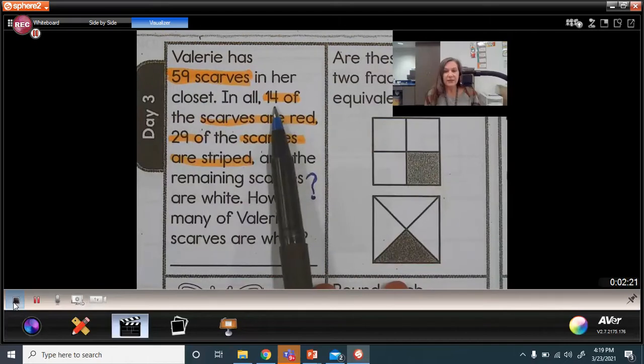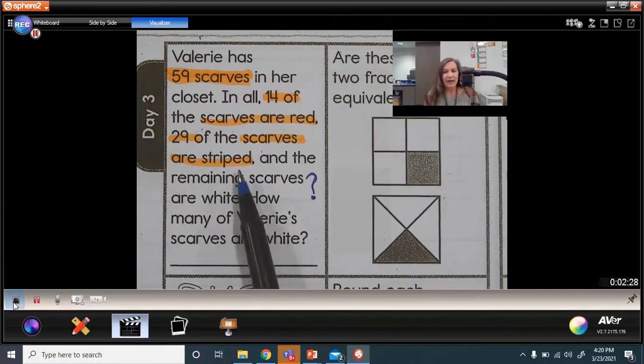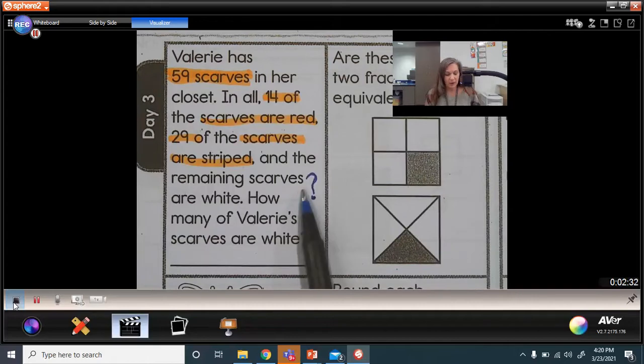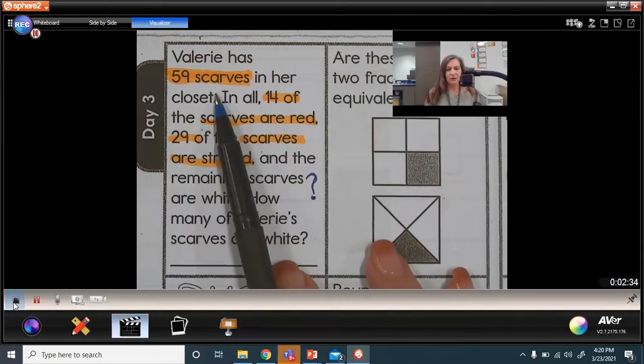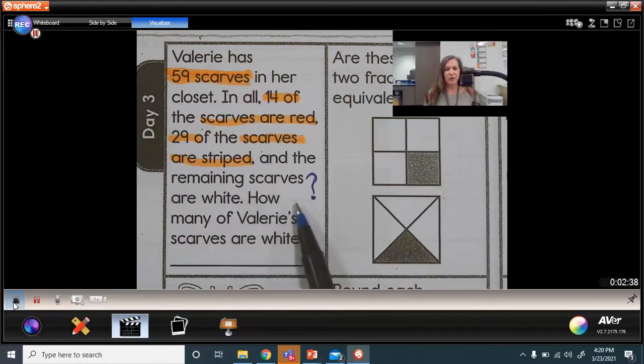I know 14 of my scarves are red. I know 29 of the scarves are striped. I, however, do not know how many of them are white. So of those 59 scarves, 14 are red, 29 are striped, and I don't know how many are white. And that's what I'm trying to find out.